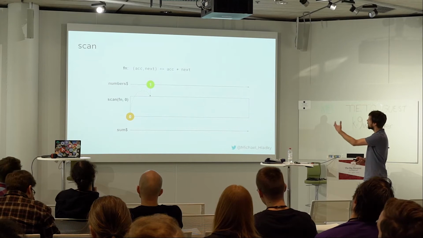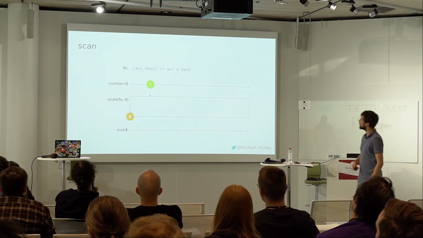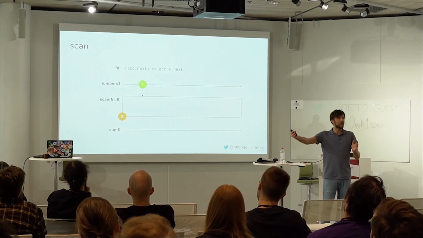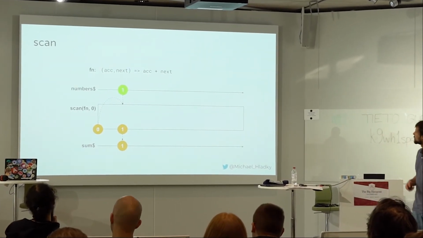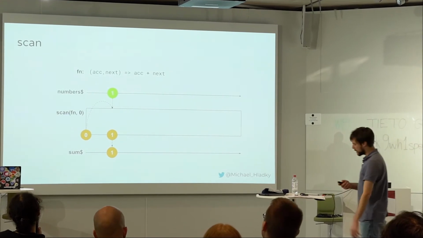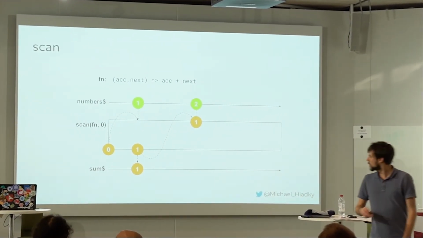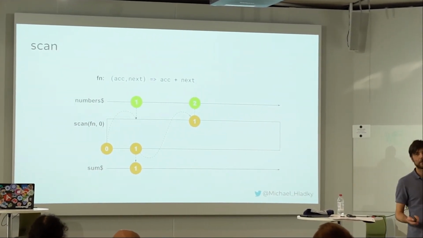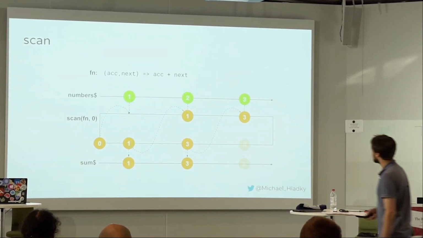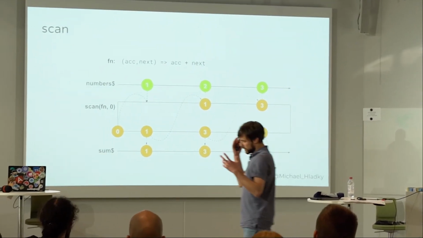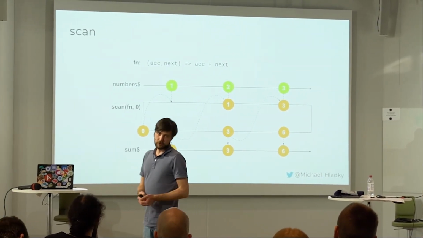So I will start with my internal value of 0 here, and then for every number that arrives, I want to calculate the sum of these numbers over time. So I start with 0, then 1 arrives, and I add 1 to 0, then the next number arrives, and I again add this value, and I again add the next value, and in the end I have the sum of all those values.